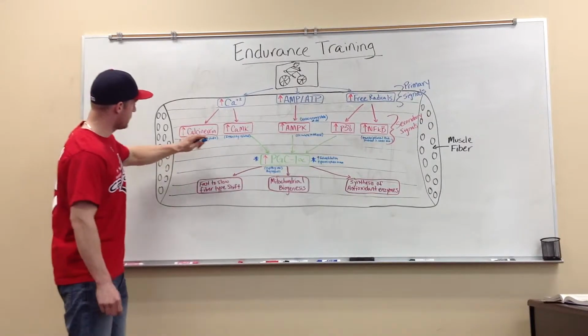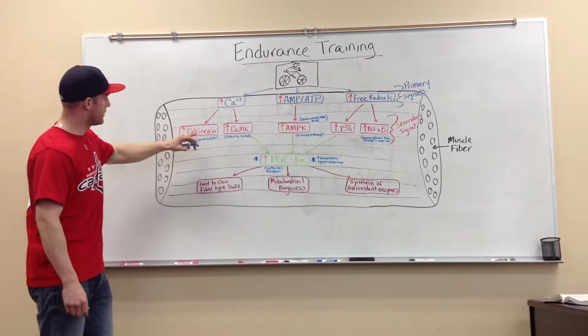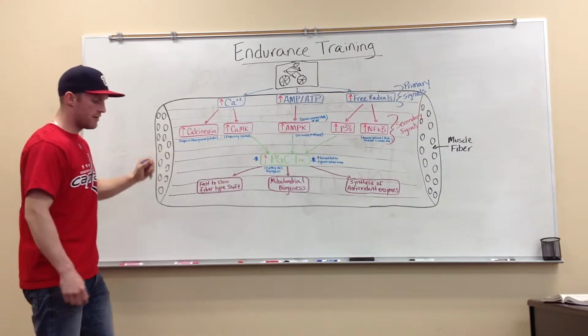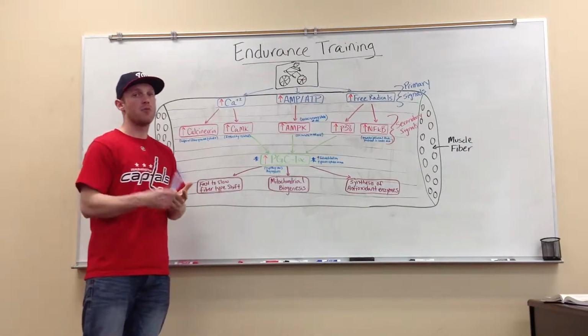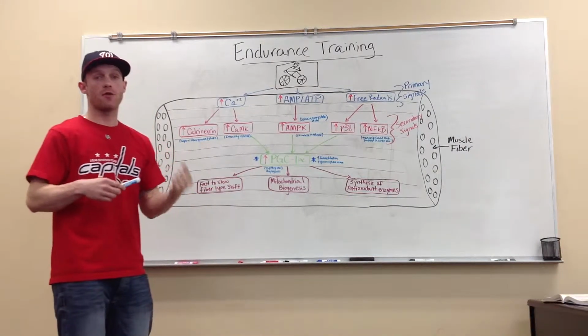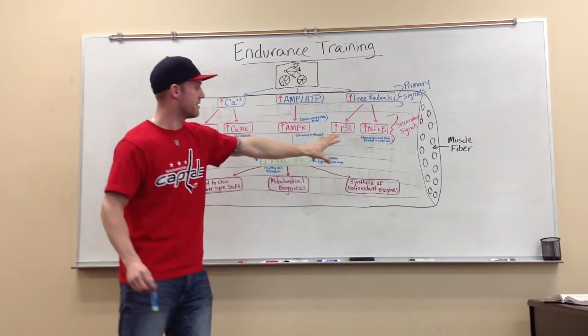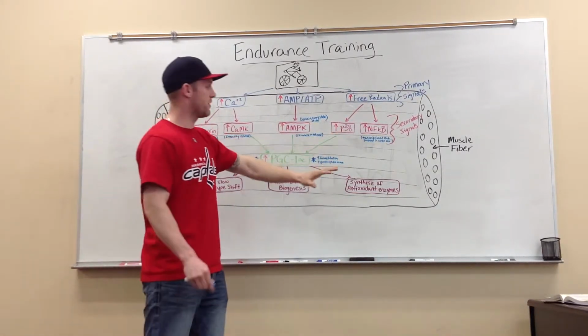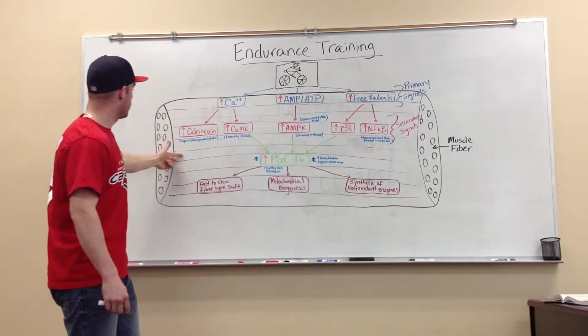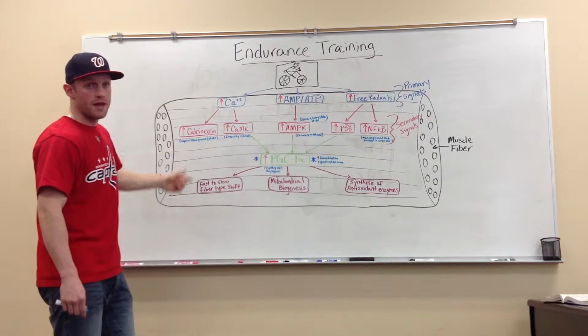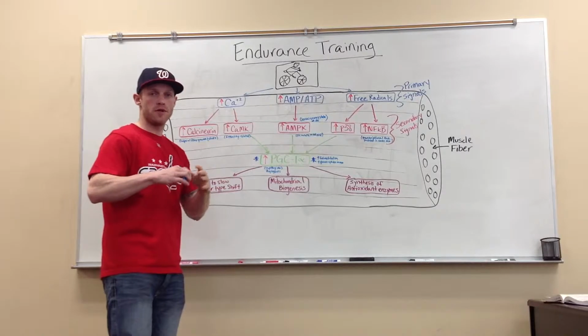Now, calcineurin is going to have a couple of functions. It's going to help us with fiber growth, building these fibers. Behind this is the muscle fiber, just a cool little illustration. So it's going to increase the growth of our muscle fiber, and it's also going to help with our muscle fiber shift.